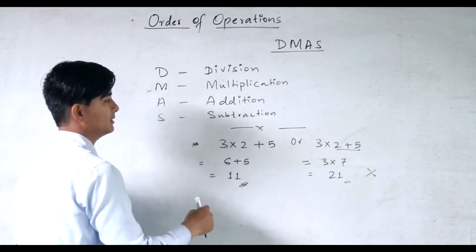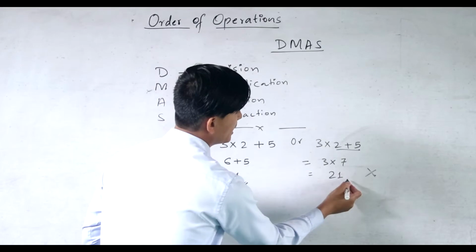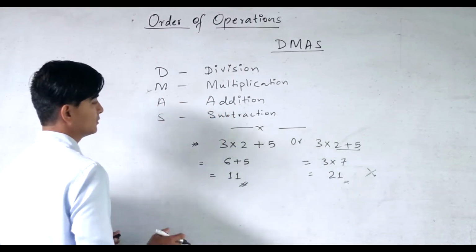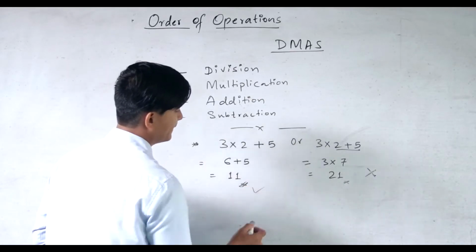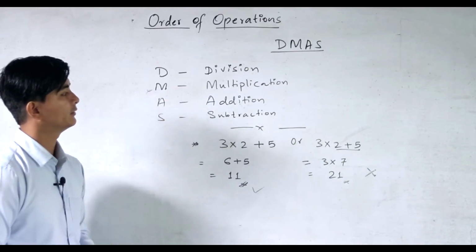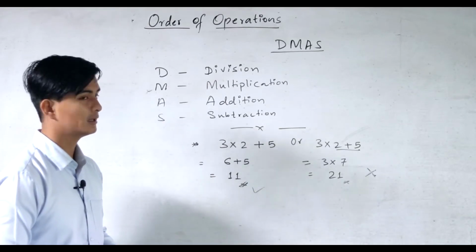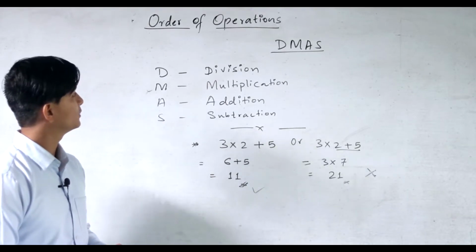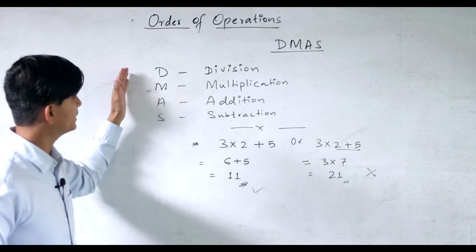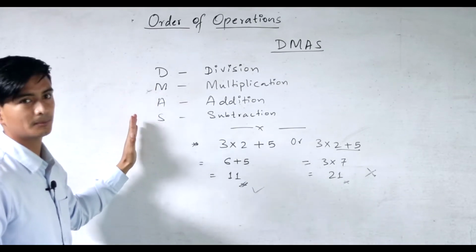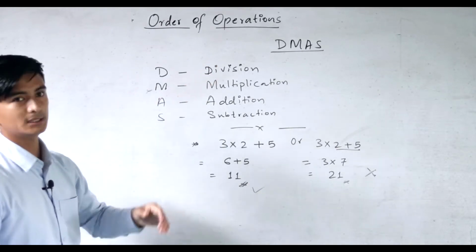So if you do like this, your answer will be wrong. So the correct answer is 11. So that's why we have to follow DMAS to make your answer correct, to see whether we have to do division first or addition or multiplication, addition or subtraction. For this we have to know this rule.